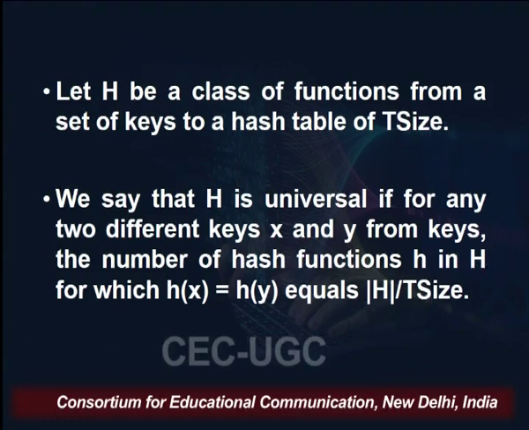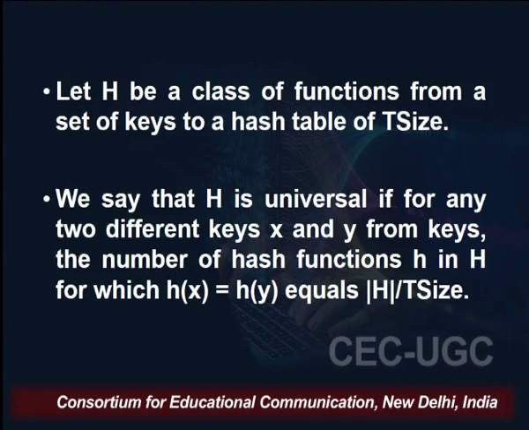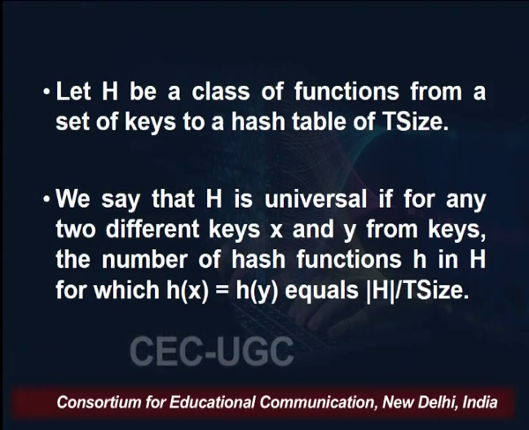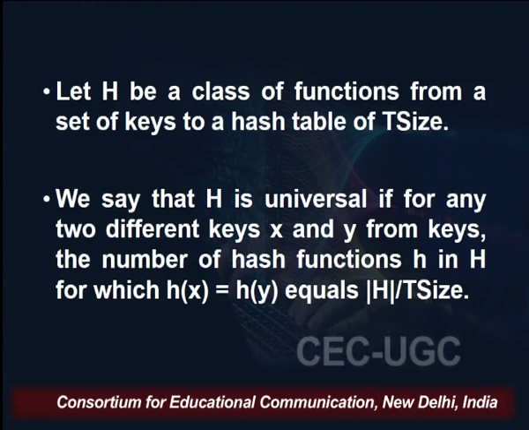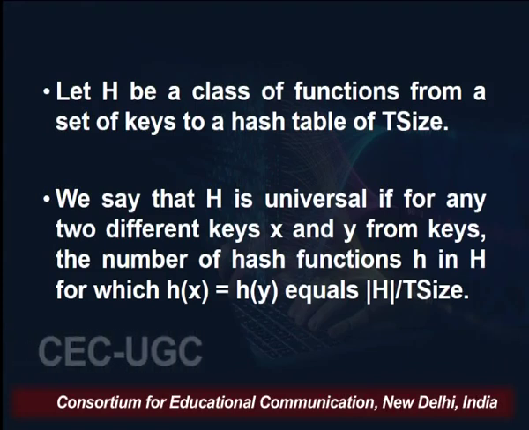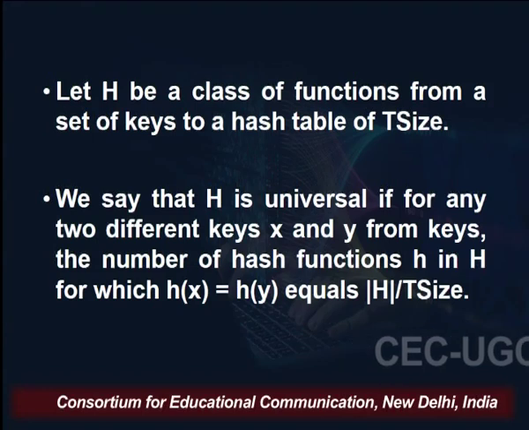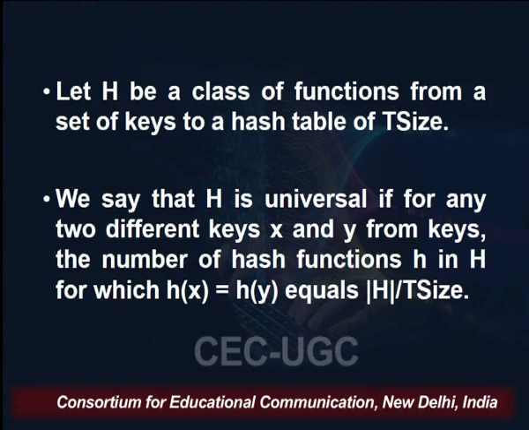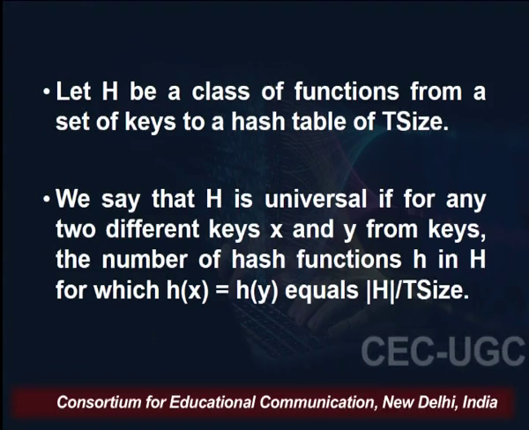So, we take any two different keys, x and y, and we have a class of universal functions, denoted by capital H. That class H has various functions denoted by small h. So h1, h2, h3, h4, all these are hash functions belonging to this capital H, which is a class of these functions.